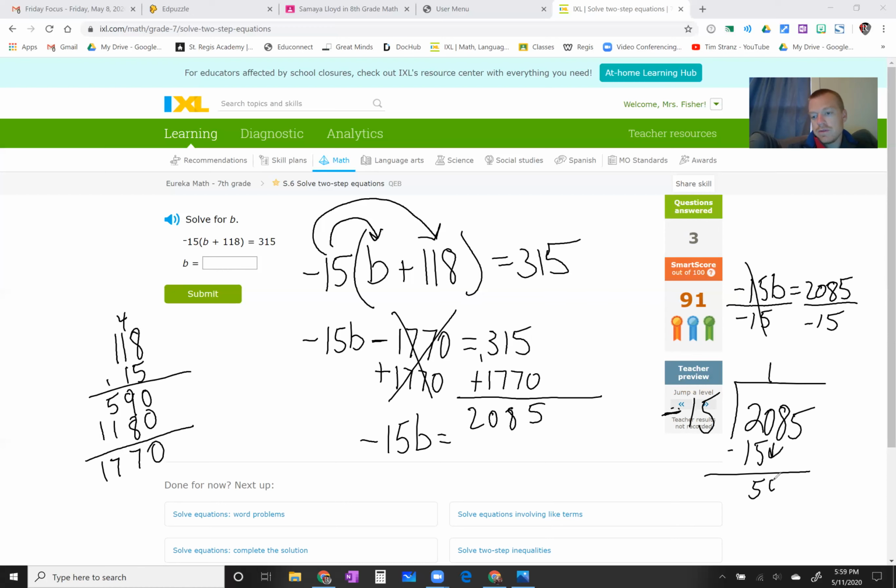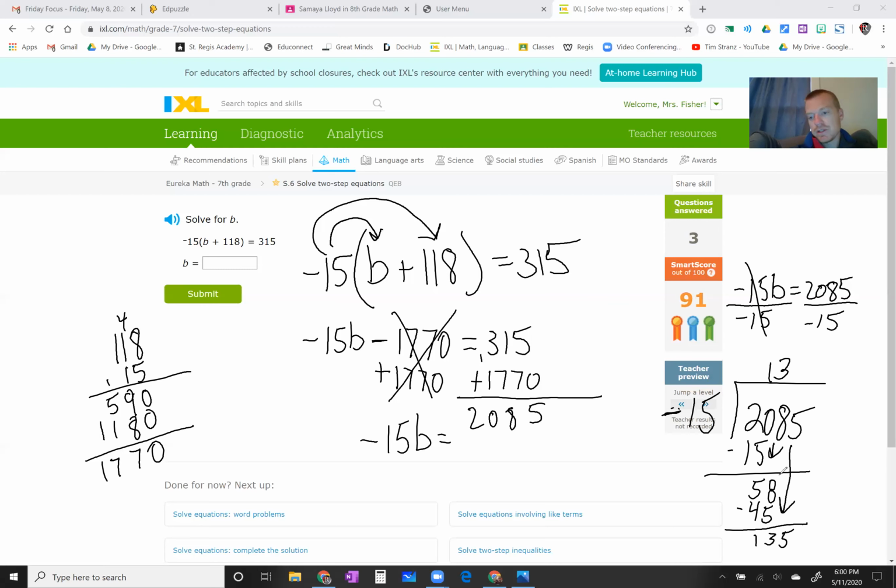Bring down your 8. 15 goes into 58, we know 3 times, which is 45. Bring down your 5. 15 goes into 135.